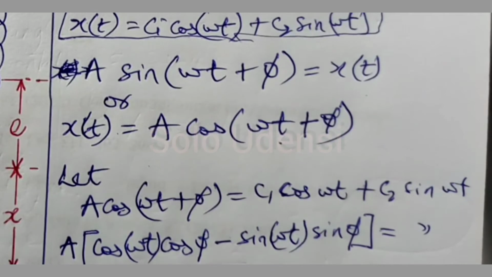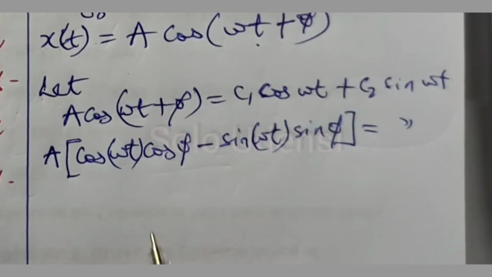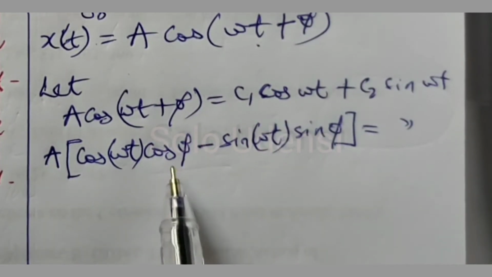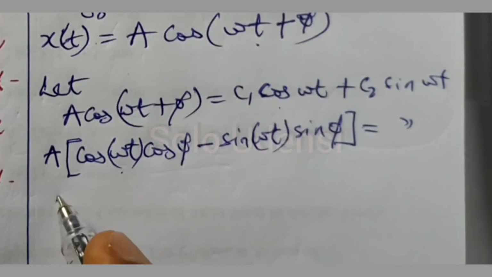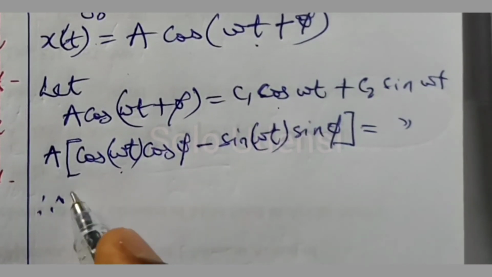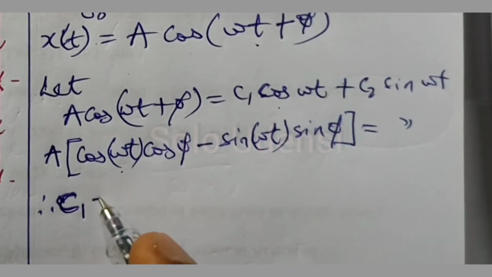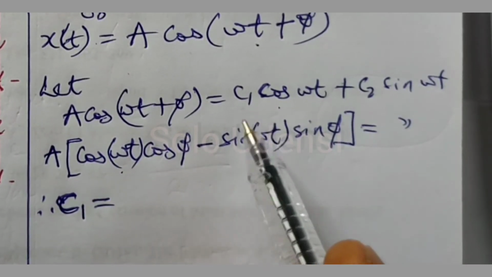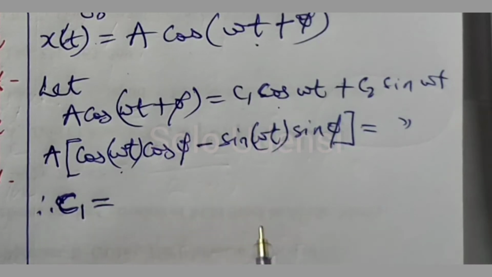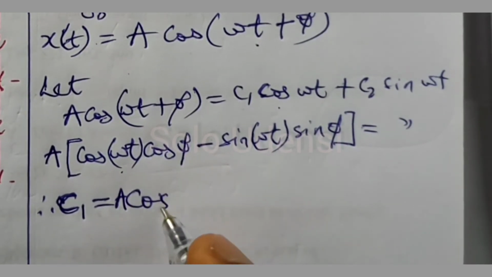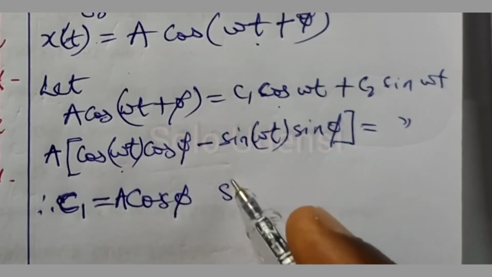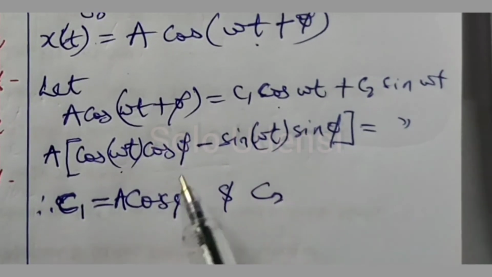So we can see now that from here we have cos omega t. That means that therefore c1 is equal to a cos phi, and c2.